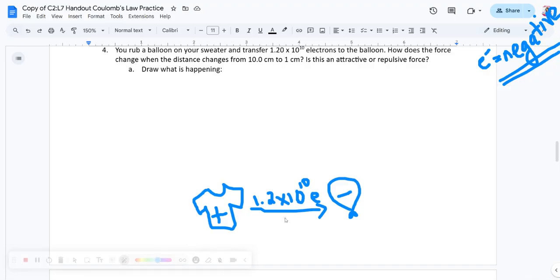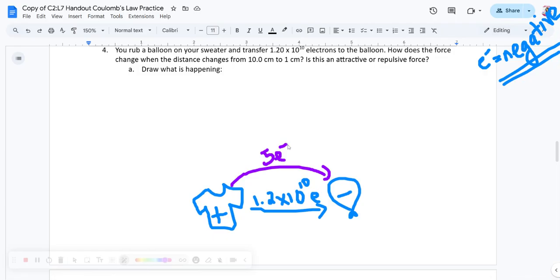The next thing we want to think about is, what is the charge going to be? Each of these electrons is one negative charge. Each little dude has a charge. So if we think about it, let's do a little comparison. If instead of moving over that many electrons, we moved over like 5 electrons, let's say. It was just a really quick situation, right?